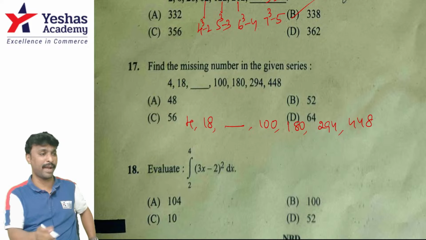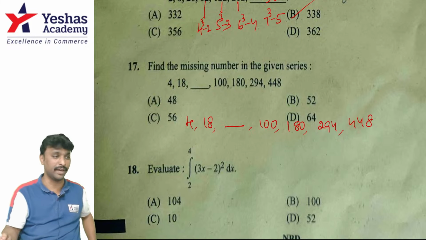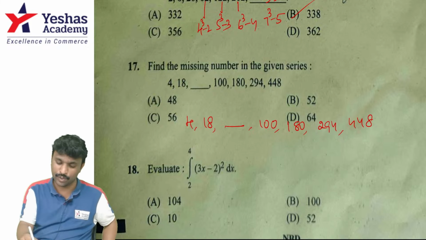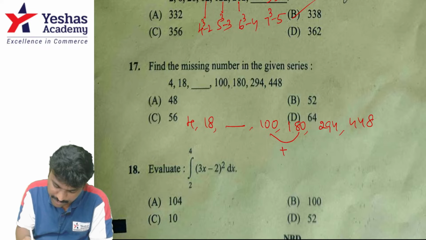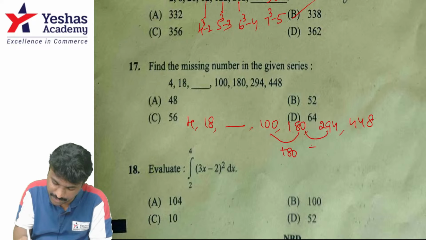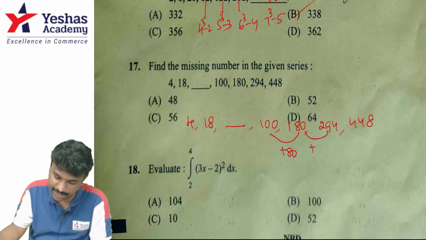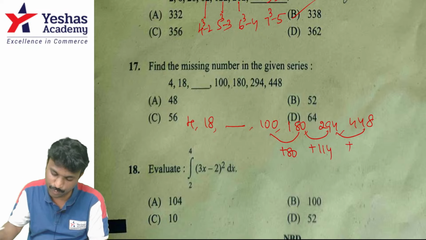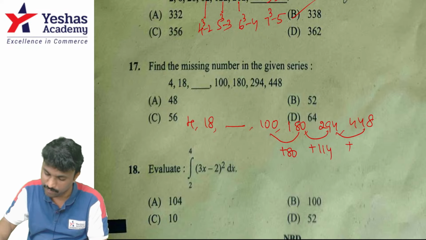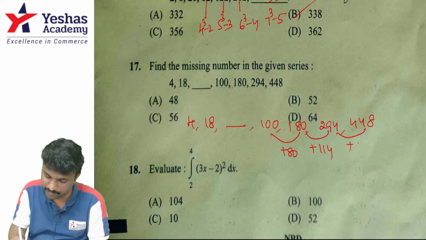Guys, getting the pattern for the first two numbers is very difficult, because you will get only one difference. So try to obtain the differences from the third number onwards. What's the difference here? 80. What's the difference here? 294 minus 180 is 114. And 448 minus 294 gives you 154.